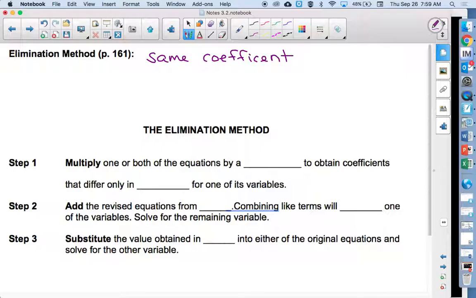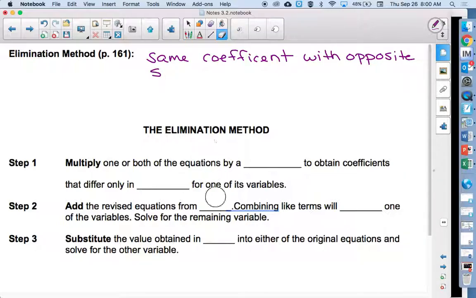So he said our goal is to get something to cancel out. And the way that happens is by having the same coefficient with opposite signs in front of one variable.